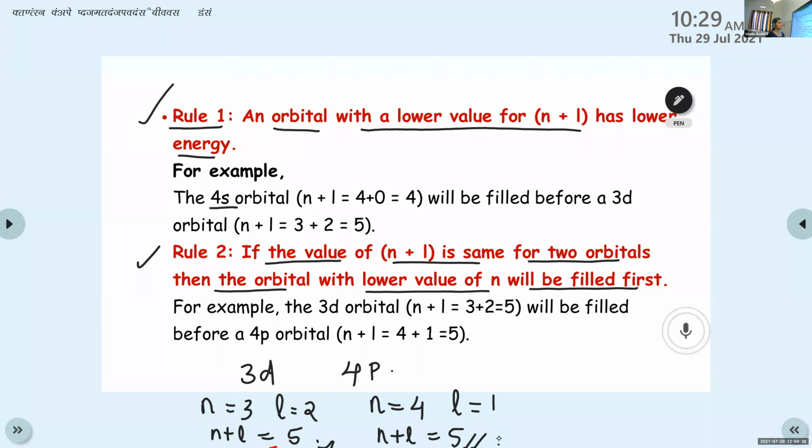So these are the two main rules for the increasing order of energy of orbitals. First, an orbital with a lower value of n plus L has lower energy. And rule 2, if the value of n plus L is the same for two orbitals, then the orbital with the lower n value will be considered first.